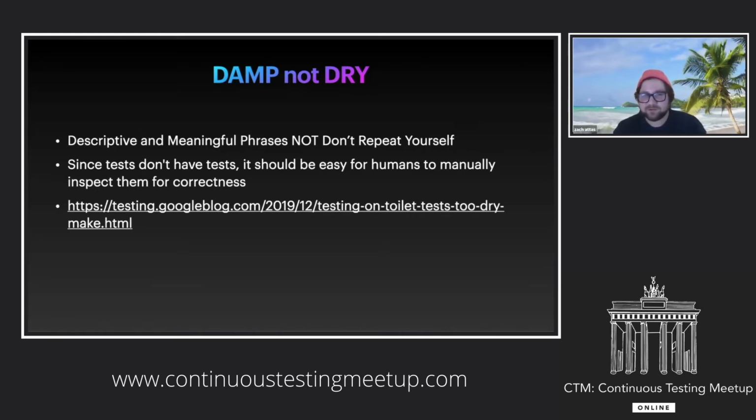Like if you have a method that does a lot of things, like click, accept, and navigate to next page, and that's an action that you want to extrapolate into a method, have that method have that full name and let the method describe exactly what it's doing. People might complain about things like that in a production repository. They'd be like, why don't you DRY that up, or things like that. But I would say, don't do that.